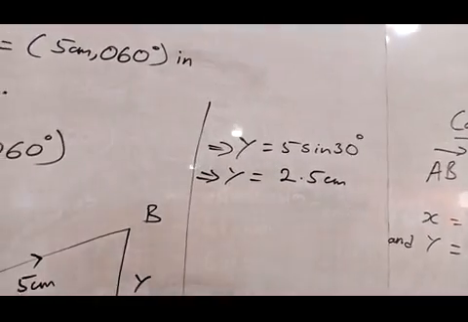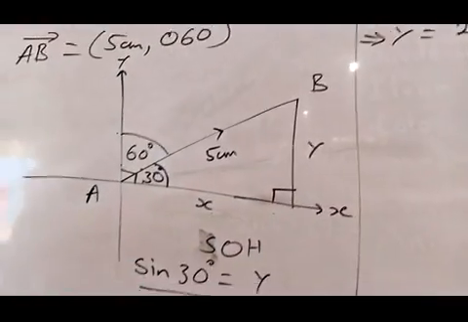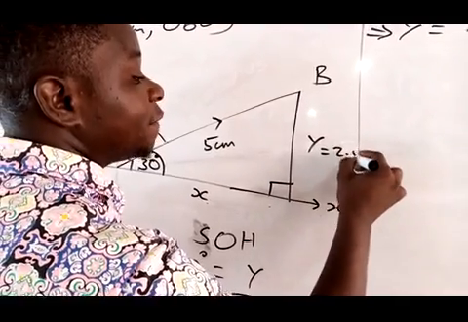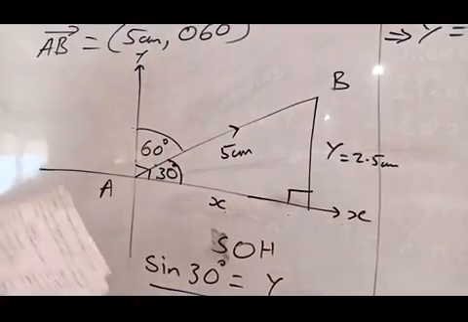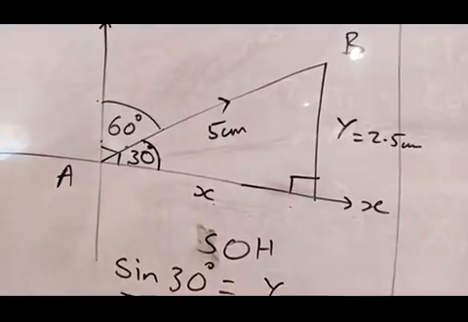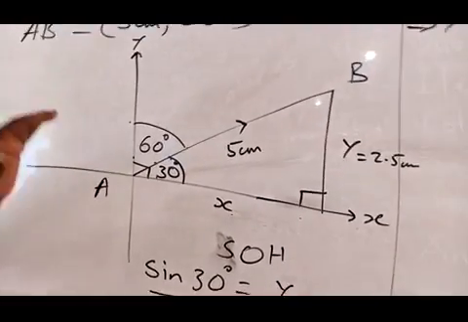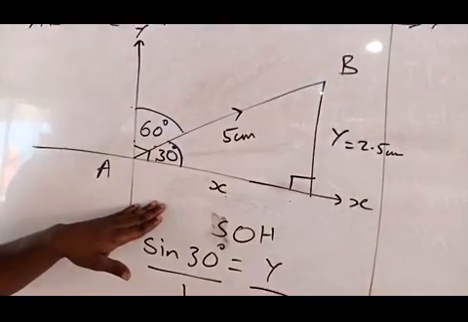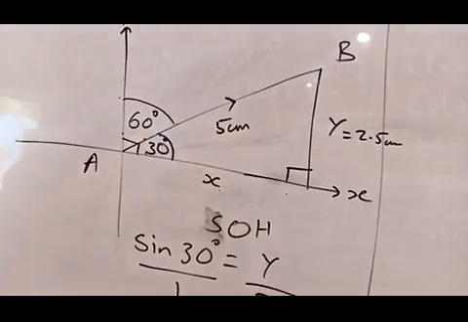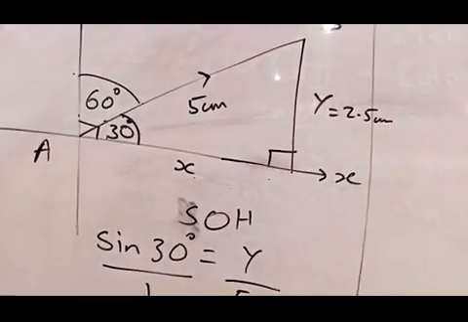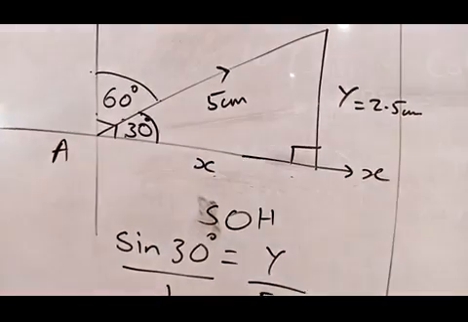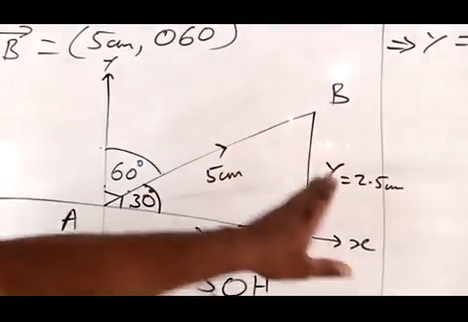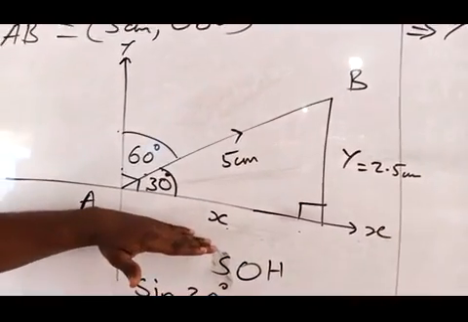All right, now let's look at the x. Since we have been able to find the y, which is 2.5 centimeters, we can as well use Pythagoras theorem to find the x coordinate. That is to say, the hypotenuse squared equals the opposite squared plus the adjacent squared.